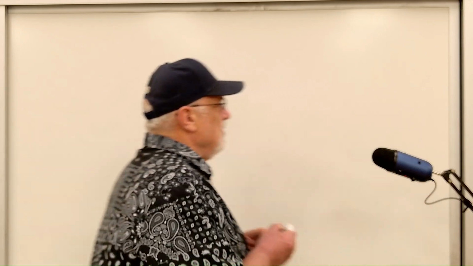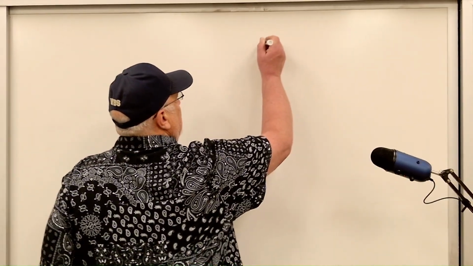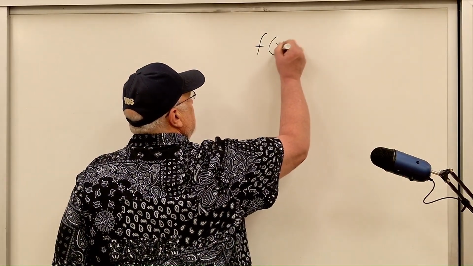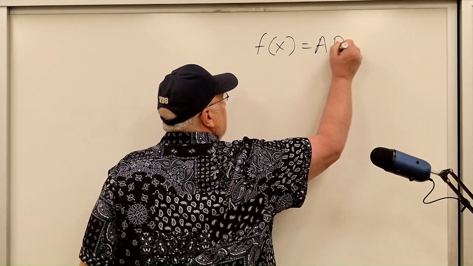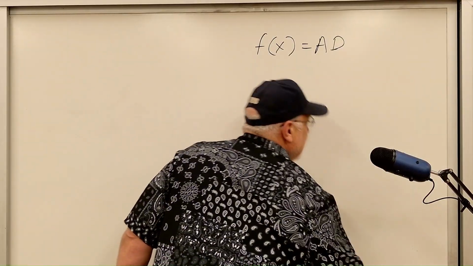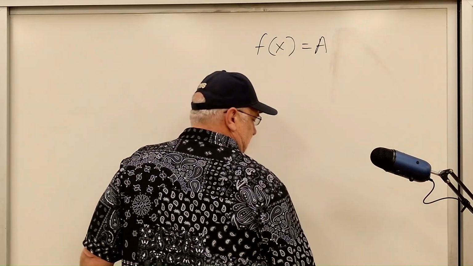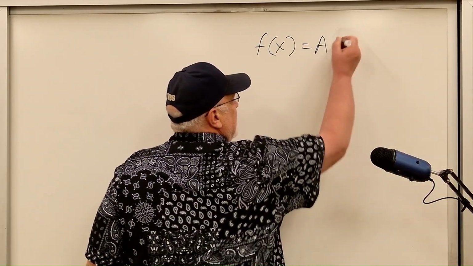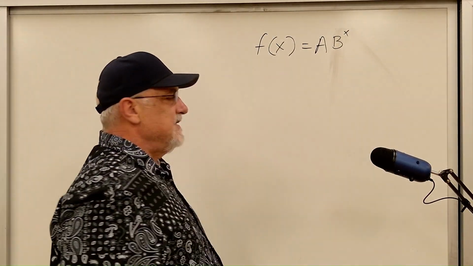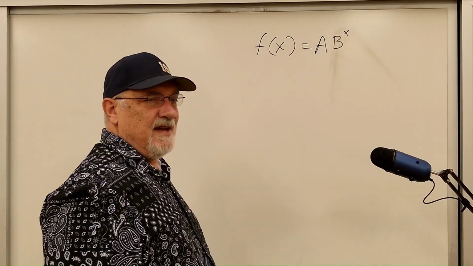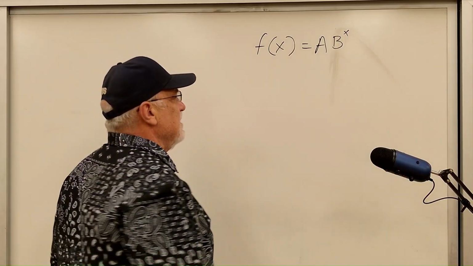I wanted you to have a context of that, just a way of thinking about it, because the format for exponential growth and exponential decay is f of x equals a b to the x. And so that is the equation for exponential growth.